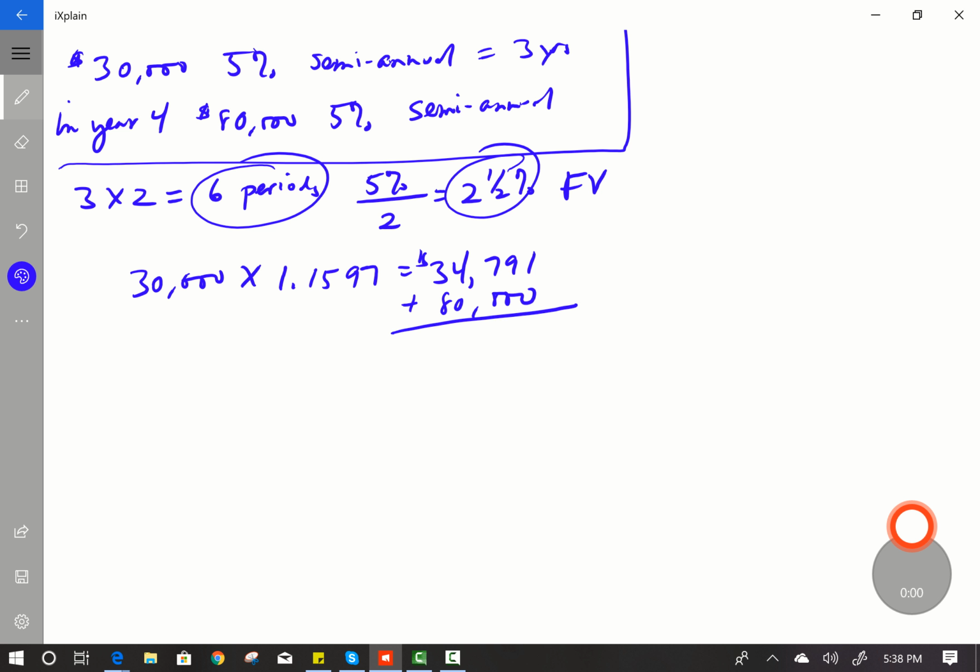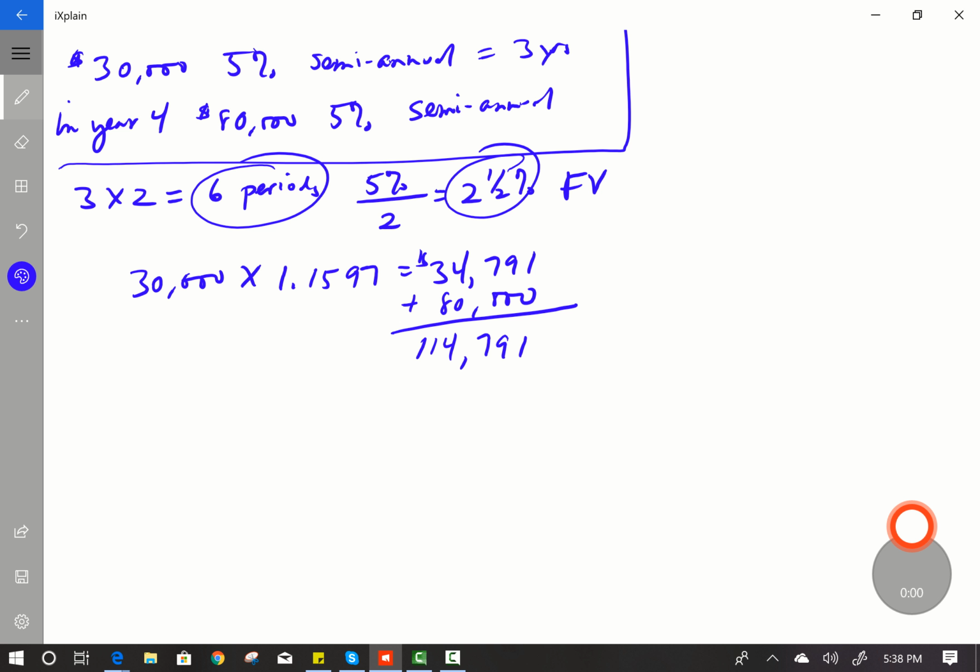That's going to give me a total amount at the end of year 3, at the beginning of year 4, by the way, of $114,791. And now I want to find out what the compounded amount would be at the end of 6 years.